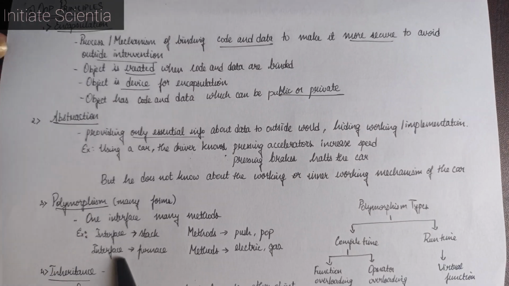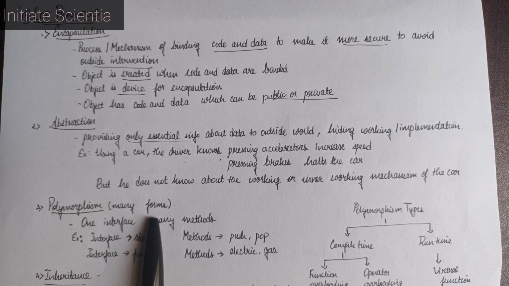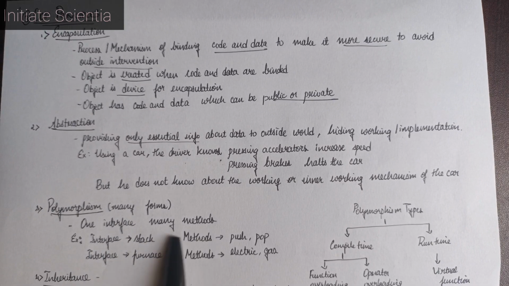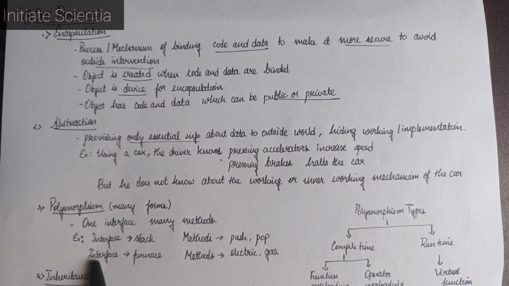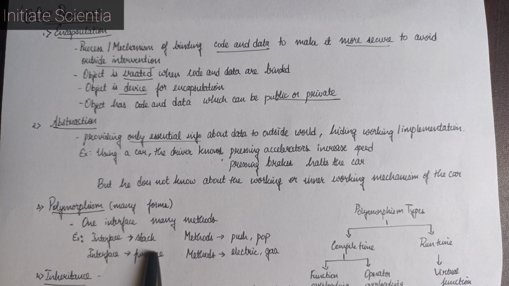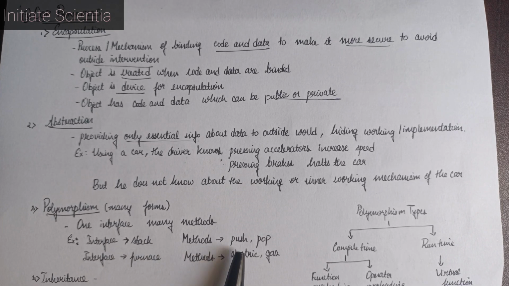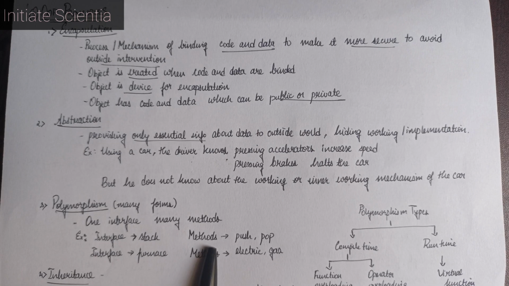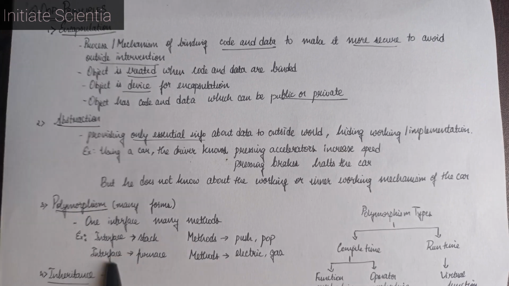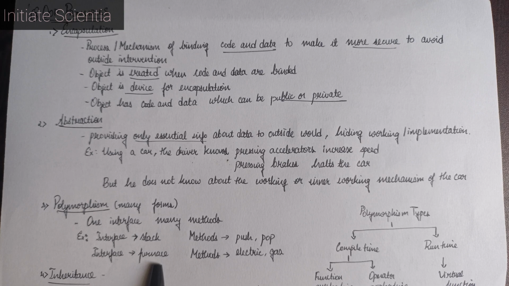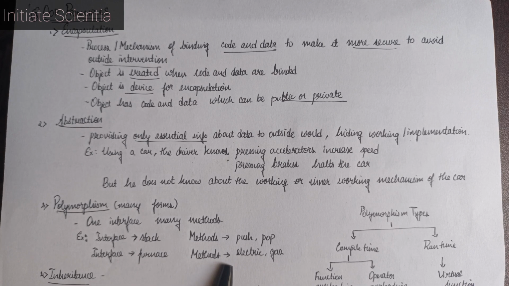Polymorphism. It means that it has many forms. One interface, many methods. Example, interface can be that of a stack, and the methods can be push or pop that we would have seen in data structures. Interface can be a furnace where its methods can be electric or gas.